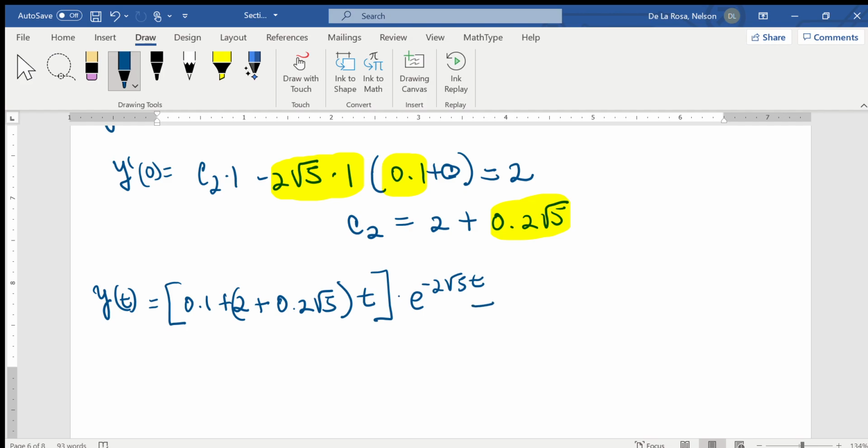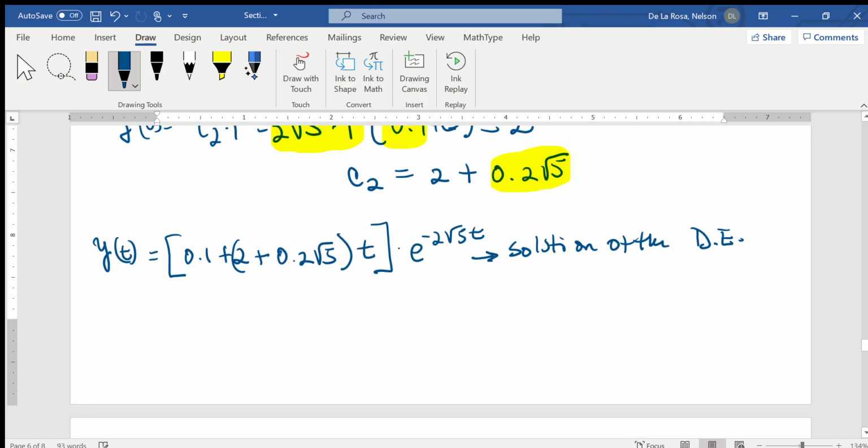This is, in fact, the solution of the differential equation. Actually, it is the solution of the initial value problem, and this y of t is the same as displacement.